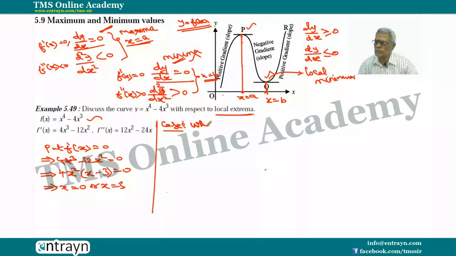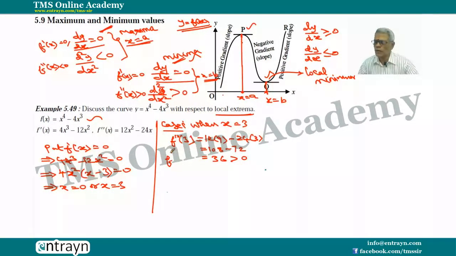When x is equal to 3, f double dash of 3, that is d square y by dx square, is 12 into 3 square minus 24 into 3. 3 square is 9, 12 into 9 is 108, minus 24 into 3 is 72, which is nothing but 36, which is greater than 0.